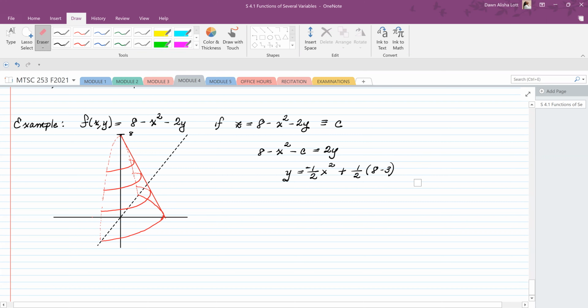So this parabola right here, obviously, is z equal to 0. So that parabola is y equals minus 1/2 x squared plus 4.